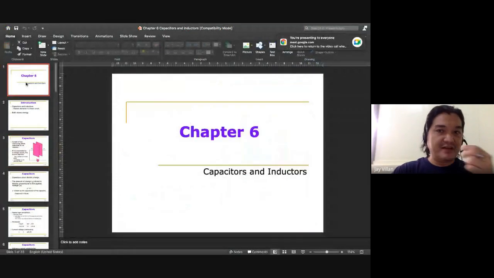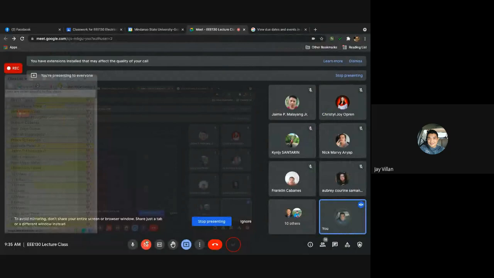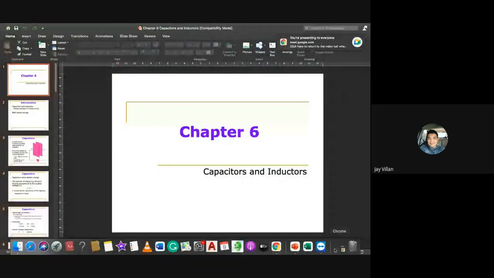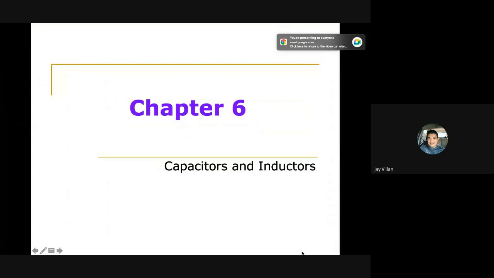Right, so we have a new topic for this day, and it's all about capacitors and inductors.